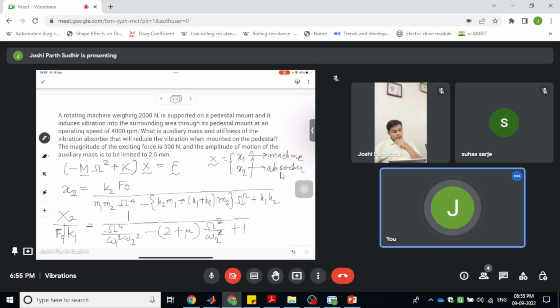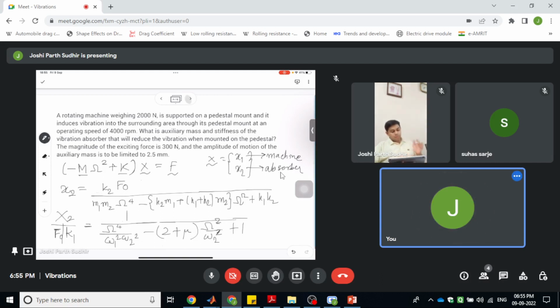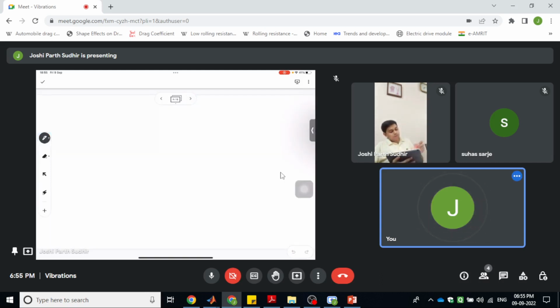So here we have been given that omega 1 is 4000 into 2 pi by 60, and we have been given f naught is 300 Newton.